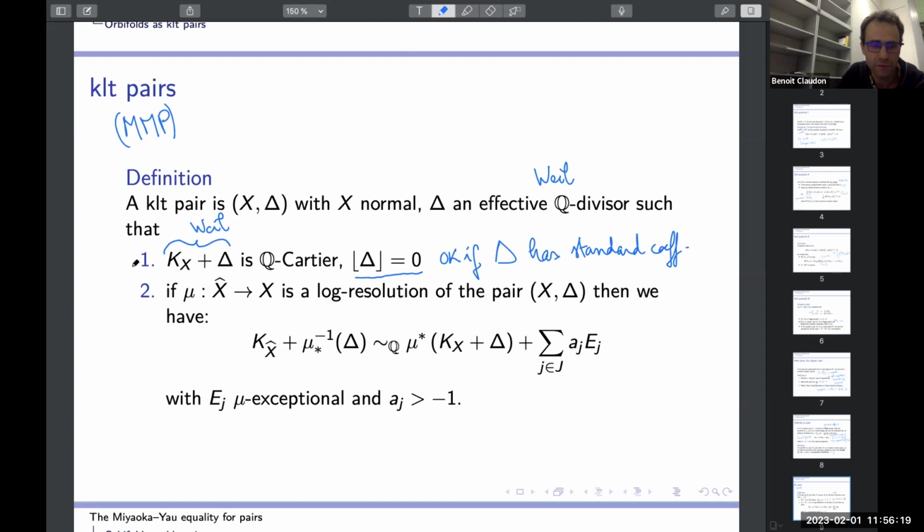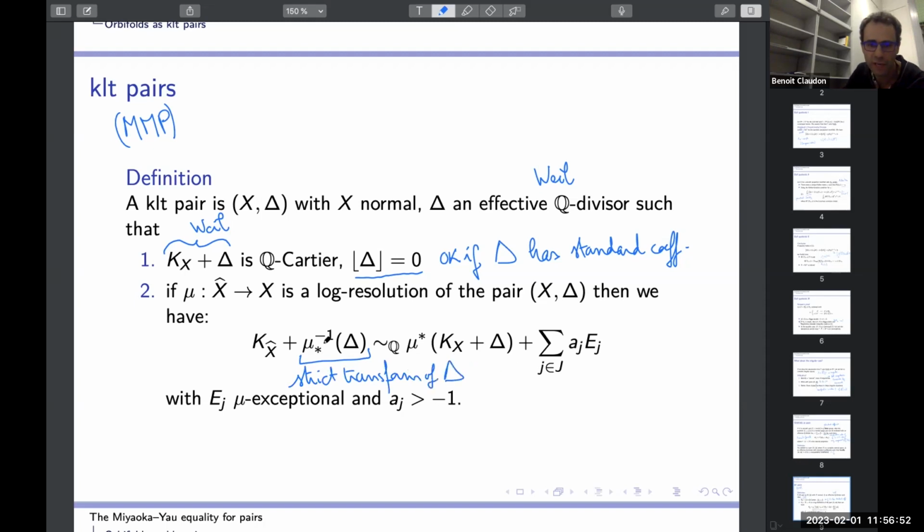This is the first point, and the second one: we have to compute this K_X plus delta on a resolution. Since K_X plus delta is Q-Cartier, it makes sense to pull it back, and we compare this line bundle to the line bundle K_X-hat plus the strict transform of delta.